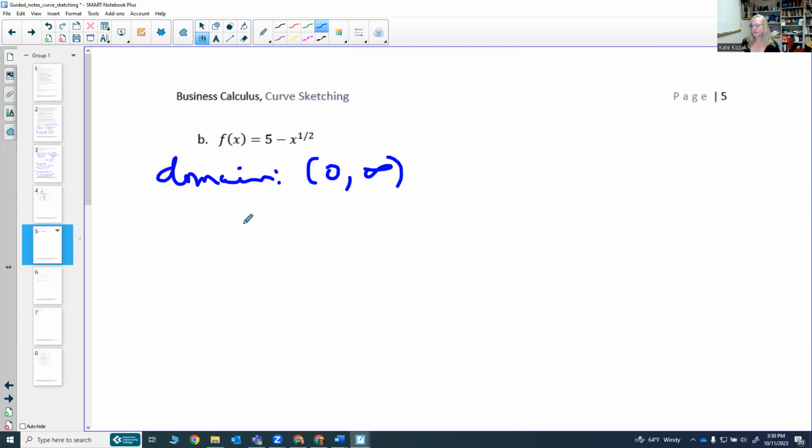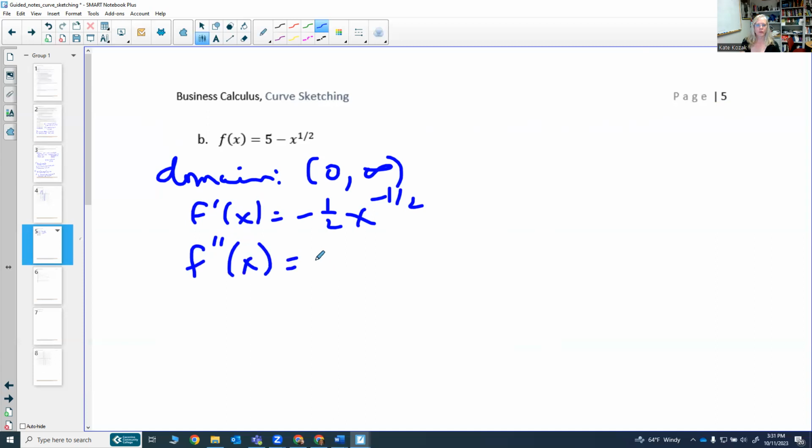To find where it's increasing, decreasing, and concavity, find the first and second derivatives. f prime of x would be negative 1/2 x to the negative 1/2, and f double prime of x would be 1/4 x to the negative 3/2. Now set both equal to 0 since you want to compare the derivatives to 0.